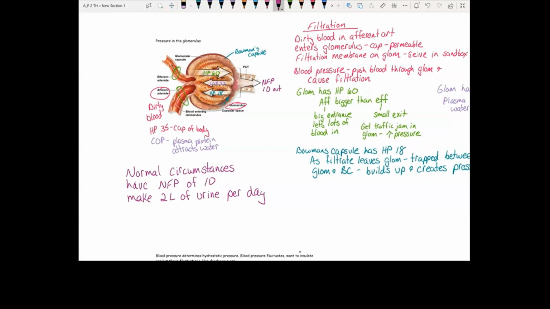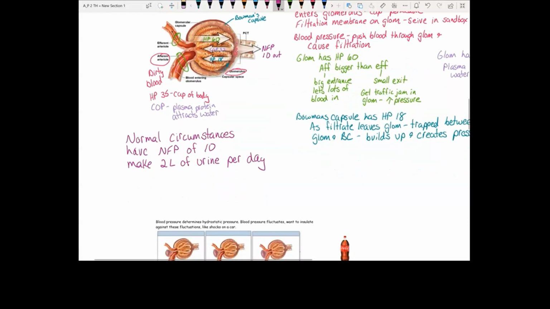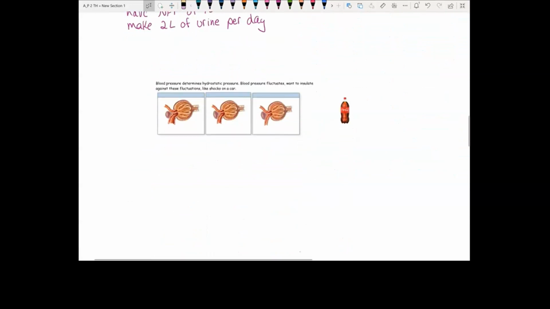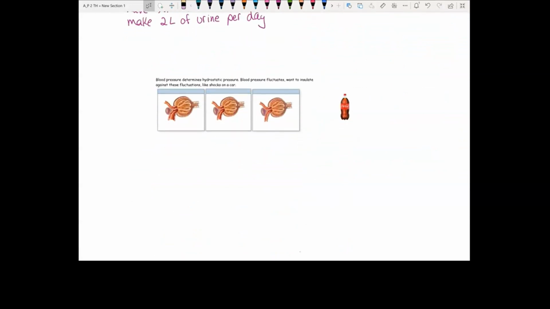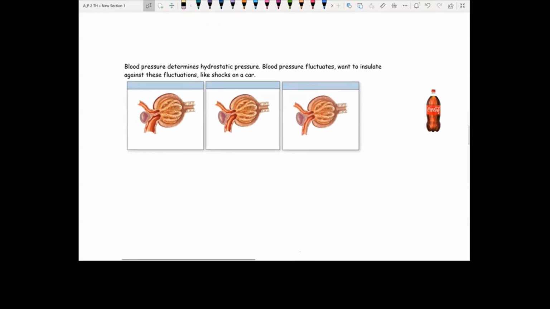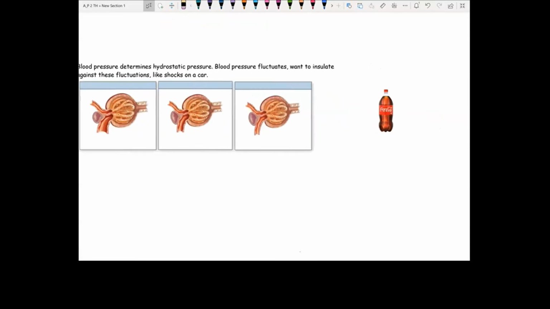The average person makes about 2 liters of urine a day, and you do that by having a net filtration pressure of 10. And we're going to look a little bit more at that net filtration pressure. The Coke bottle here represents your 2 liters of urine per day. Think of a 2-liter soda bottle that you would buy at the store. That is about how much urine an average person makes in a day.